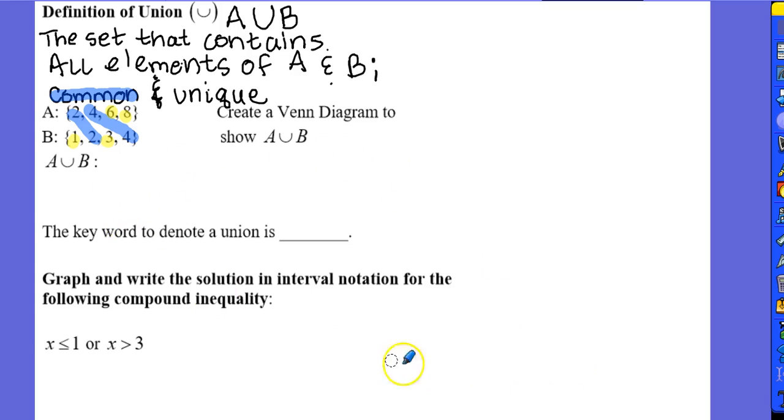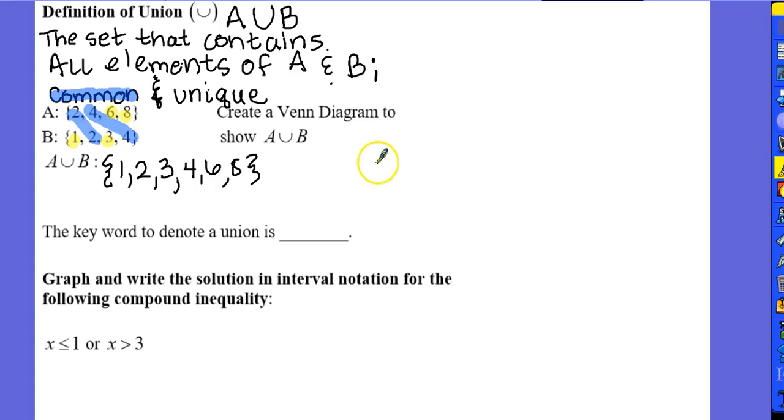So if I was asked to give the intersection, or I'm sorry, the union, A union with B, it would be the set, and we would start with the smallest value, which is 1. We would list their common 2. We would list their unique 3, the common 4, and then the unique 6 and 8. So this is what we call a union. It's anything from A or B.